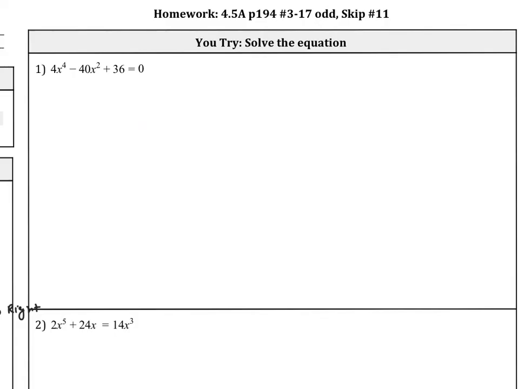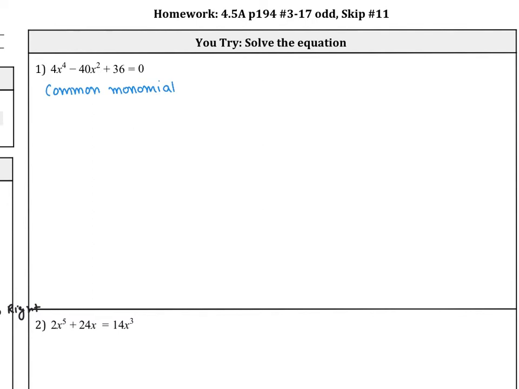You try problem number 1 for example number 1. To solve 4x^4 minus 40x^2 plus 36 equals 0 for x, your first step is to find the common monomial or the GCF.